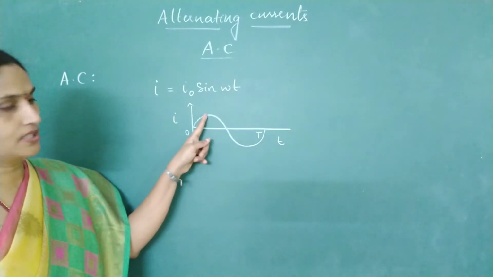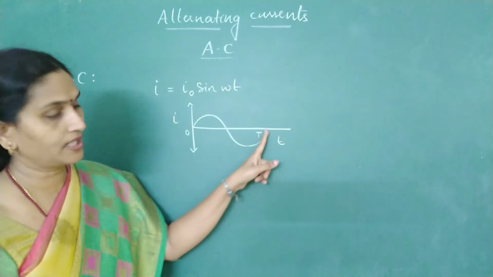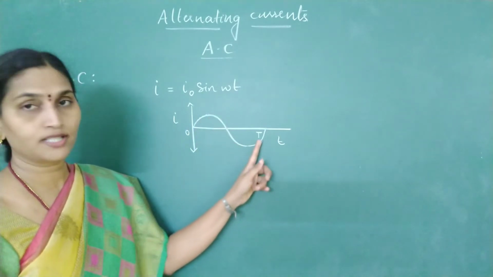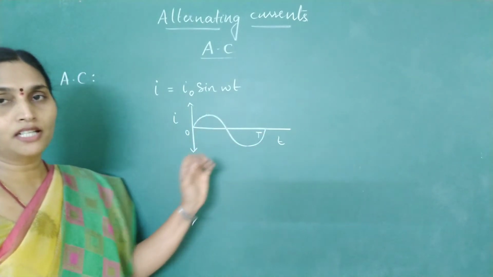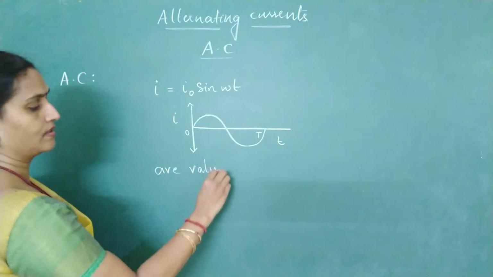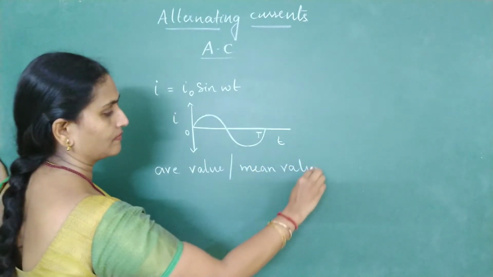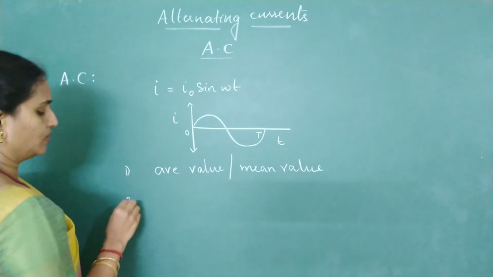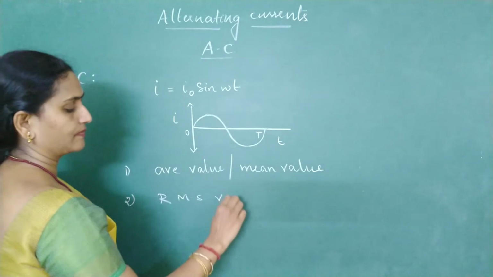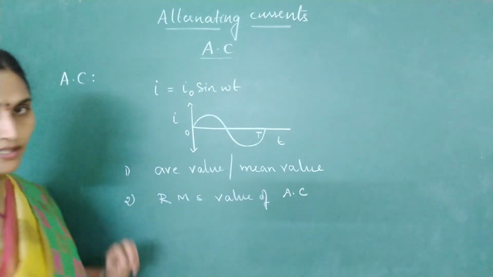First the values are increasing, then decreasing, again increasing in the opposite direction and decreasing. Since the magnitude of this current is continuously changing with time, we generally talk about the average value or mean value of current. And one more term which we often use is the R.M.S. value of an alternating current or an alternating EMF.